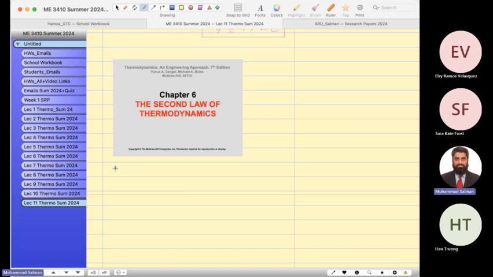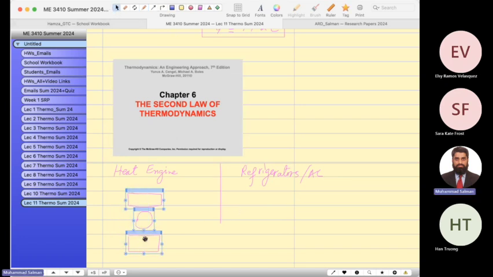If you have a heat engine, or refrigerators or air conditioners, we draw the diagram of a heat engine with blocks and circles, and similarly we will draw the diagram of a refrigerator or air conditioner like this.